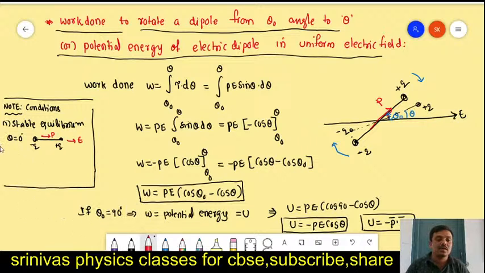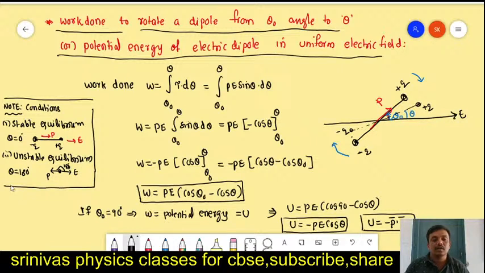Next, what is the condition for unstable equilibrium? Unstable equilibrium means theta is 180°. That means P is on the left side and E on the right side, with an angle of 180.